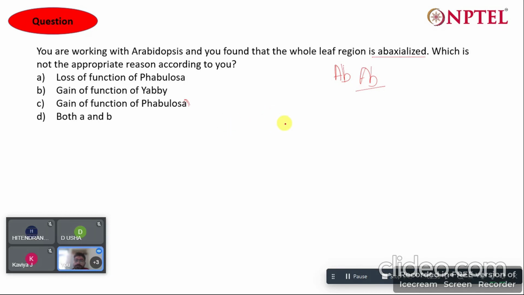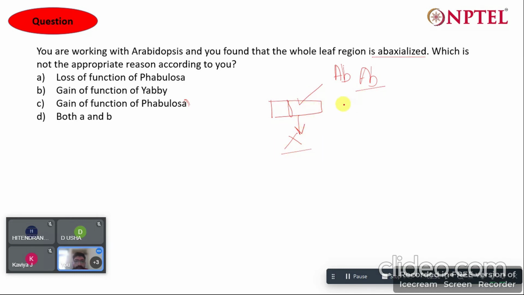Okay. So first, for example, there is a gene, and it functions. When there is a mutation in this and it does not function, this is a loss of function mutation.